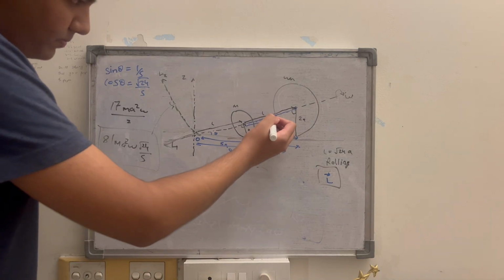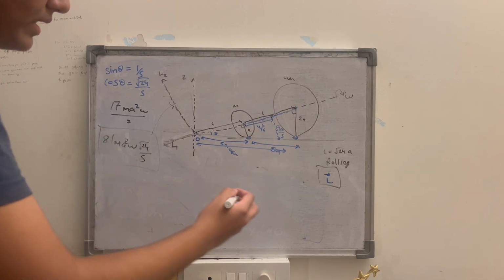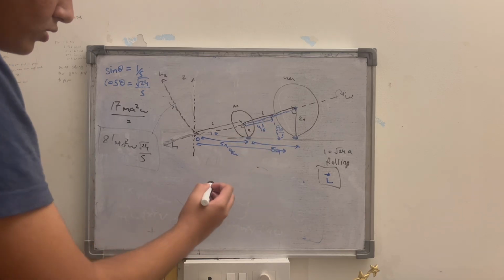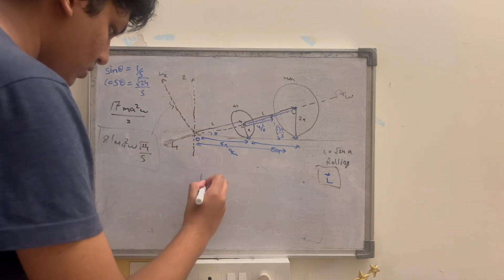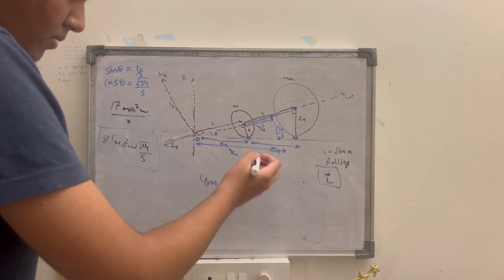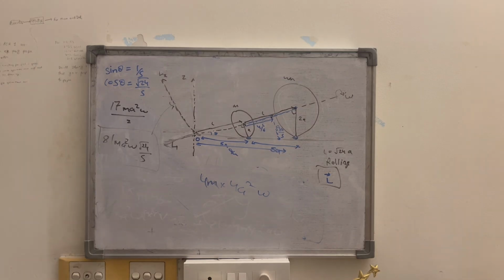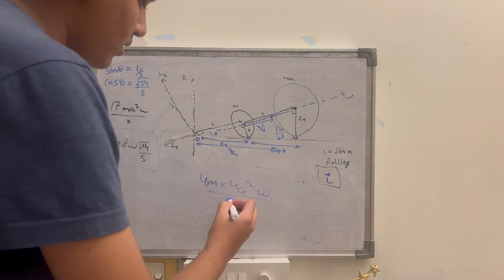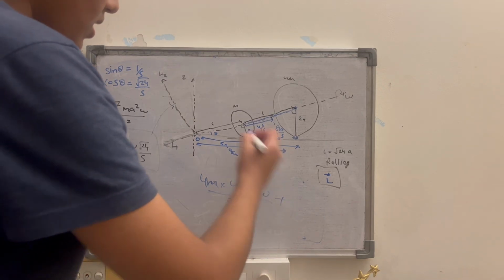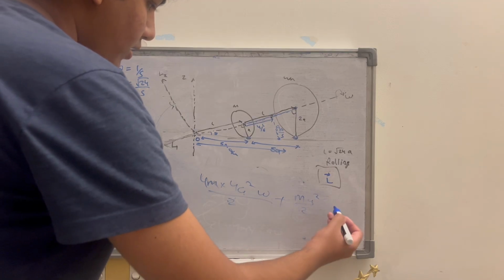So for the center of mass, it will basically be I omega plus I omega. So let's speed things up. M r square by 2, and 4m. Let me just change the marker. So m r square divided by 2 into omega, plus m r square divided by 2 into omega.